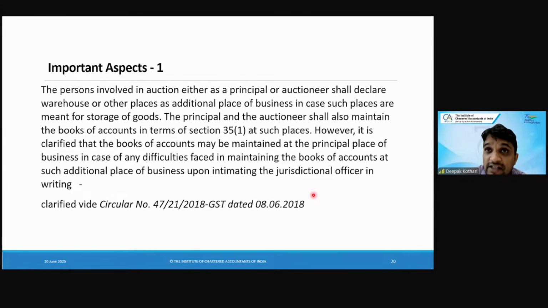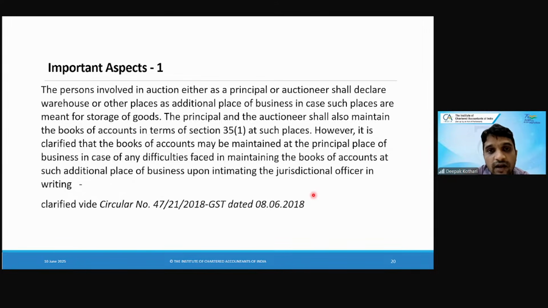Now, when we said additional place of business, we said that books of accounts for that additional place of business have to be maintained there. Correct? But in case of auction, for some reason, you're not able to maintain books of accounts over there, then the circular is saying, fine, you inform your jurisdictional officer that that is the additional place of business, but the books will be maintained at the principal place of business.